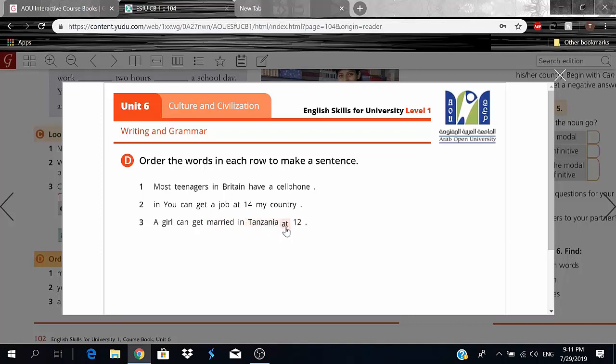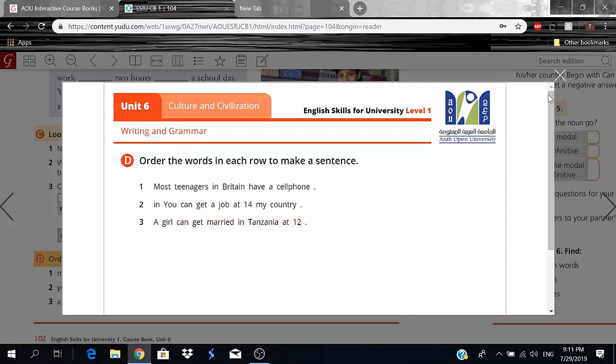At 12 as in 12 years old, and wow, that is really young. So a girl can get married in Tanzania at 12. I could also say in Tanzania a girl can get married at 12. Okay, this is also correct.